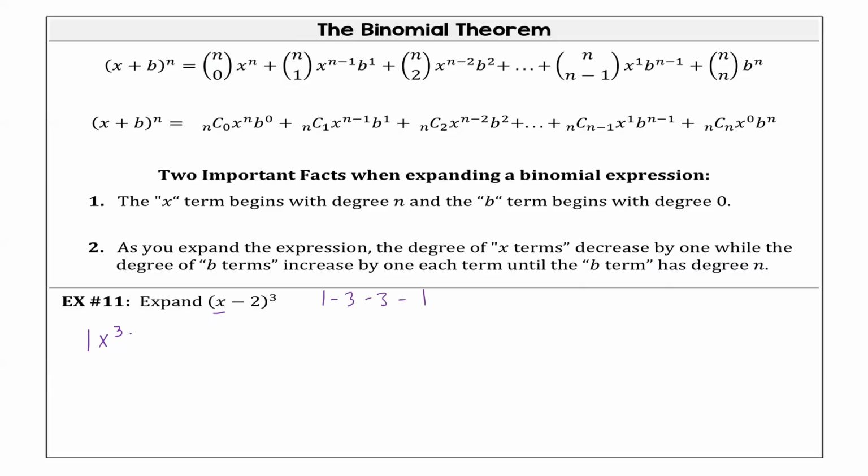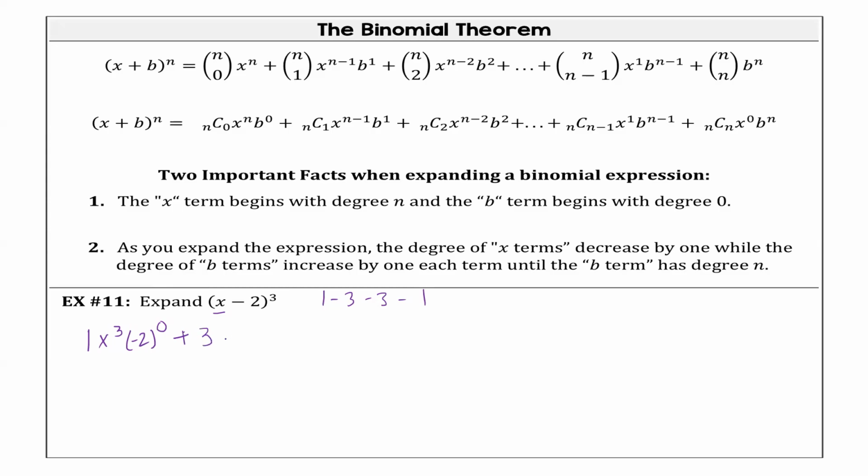So for negative 2, it's going to be negative 2 to the 0. Because we're building up, our first term is decreasing in power. Our second term is increasing in power. Still with me? Okay.